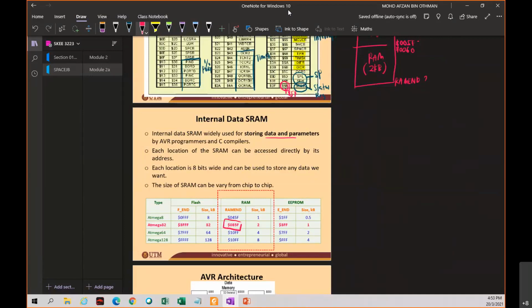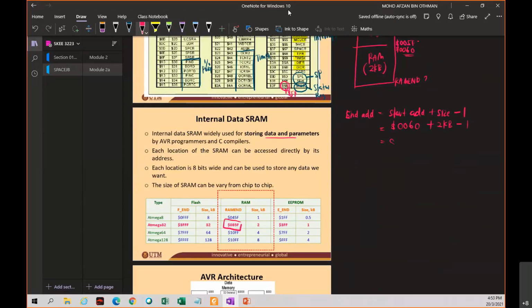We use the same formula: end address equals start address plus size minus 1. The start address is 60. For RAM, start address 60 plus the size, which is 2 KB, minus 1.